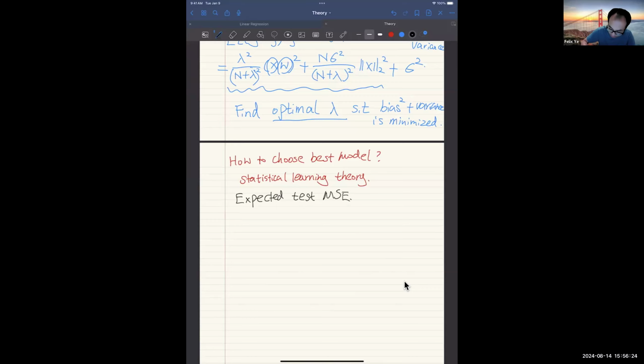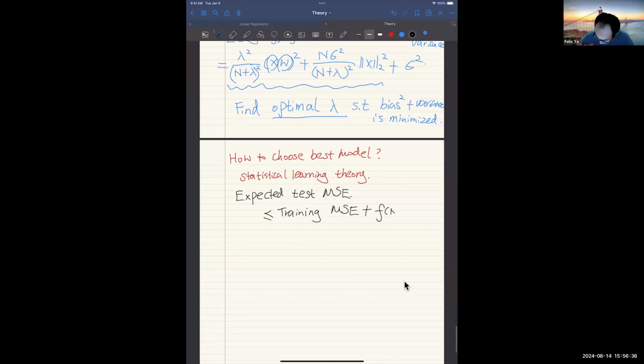It should be less than or equal to the training MSE plus some additional function of n, h and eta. We're going to talk about h and eta momentarily.